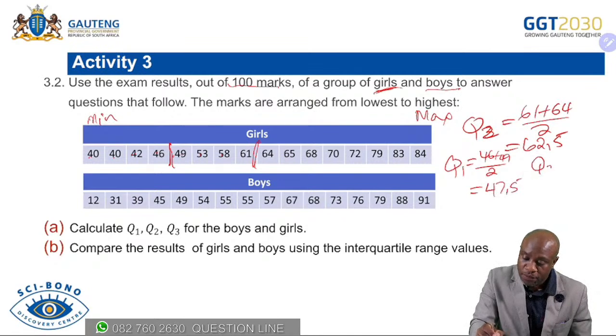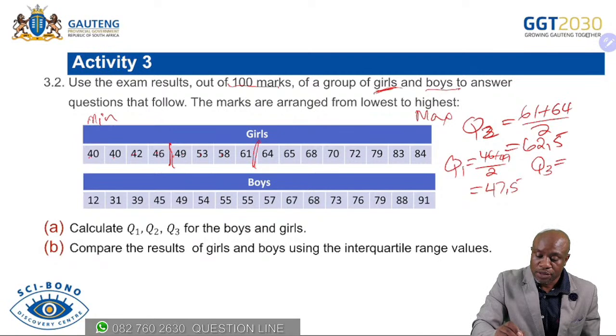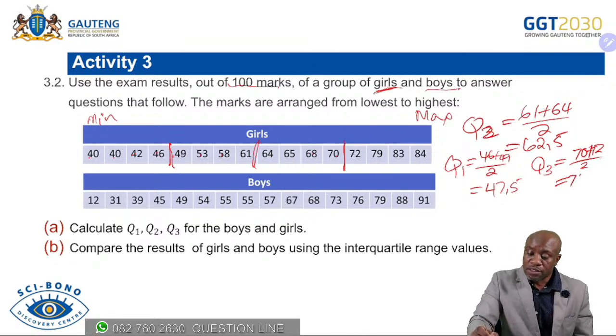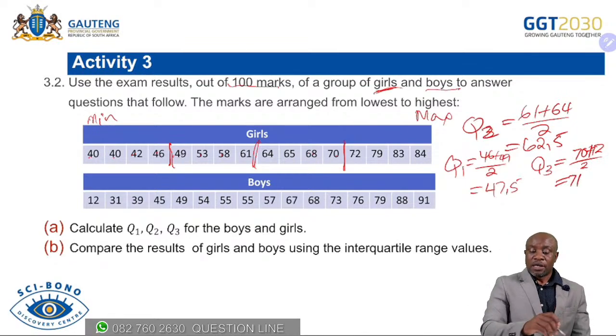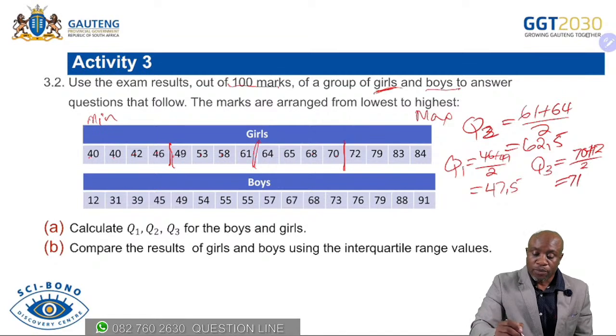Then the Q3: 1, 2, 3, 4, 1, 2, 3, 4. So your Q3 is between 70 and 72. You add 70 and 72, and then divide by 2, you get 71. So those will be the quartiles for the girls.